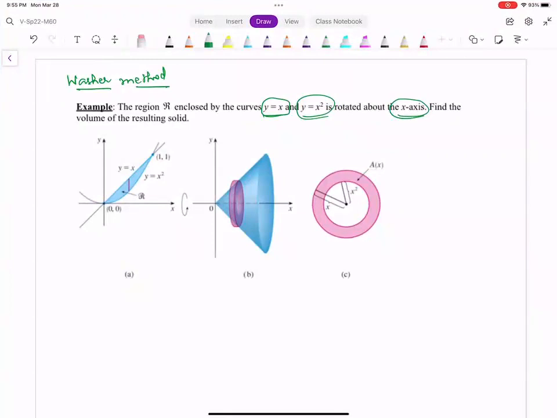So we are interested in the points of intersection. So step 1 is to find the points of intersection. In this problem, it tells you it is 0, 0 and 1, 1. Suppose you get two curves where you do not know where they intersect, this is the way you want to solve to find the points of intersection.